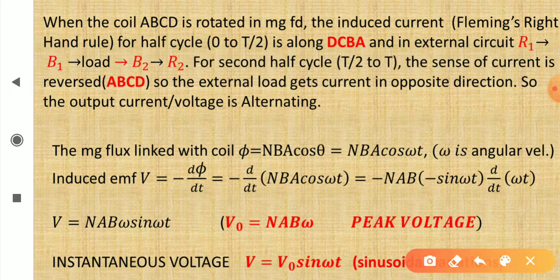So the magnetic flux linked with the coil, phi, is given by NBA cos theta.